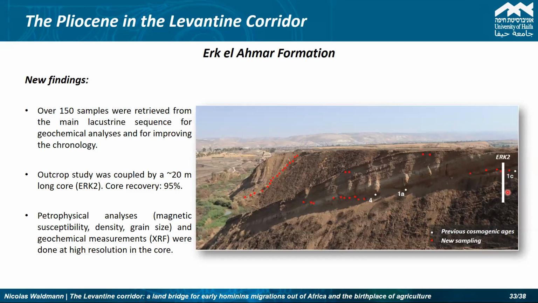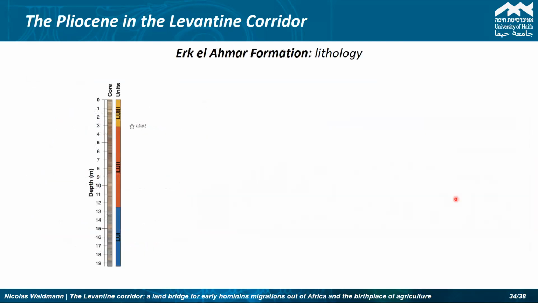Besides, we have taken a core, ERK2, a 20-meter long core with 95% recovery, again with a geoprobe. We did petrophysical analysis, including magnetic susceptibility, density, and grain size, and geochemical measurement with XRF. With that, we have a relatively high resolution.